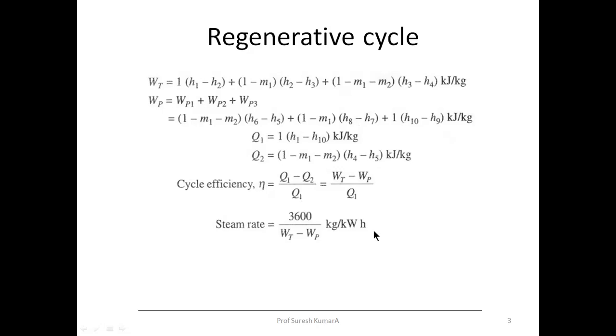When I take the steam rate, it is 3600 divided by network. With this revision, let me start with the problem. For the detailed explanation, you go through the last video.